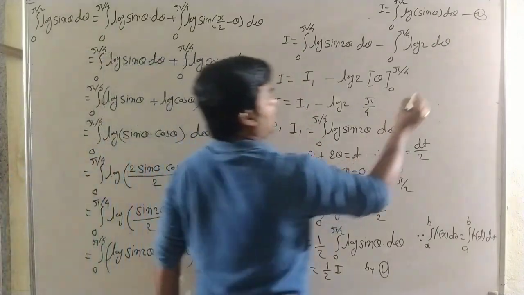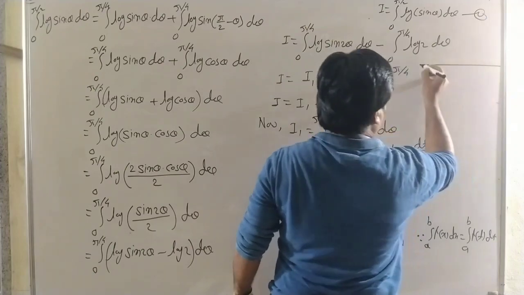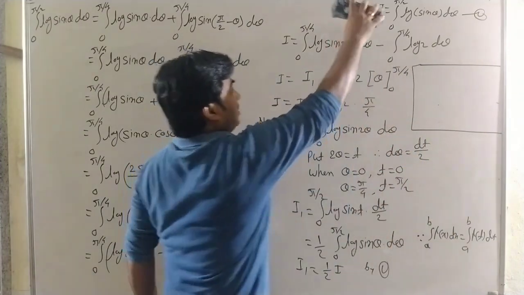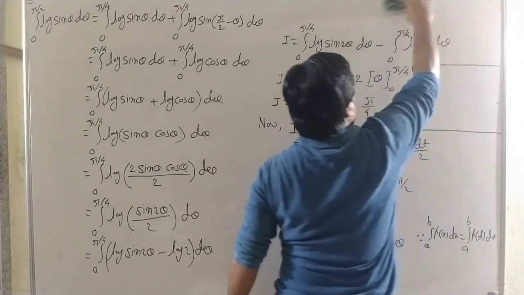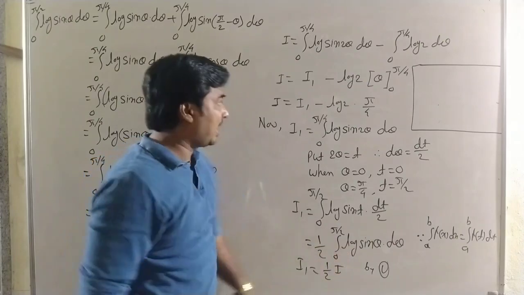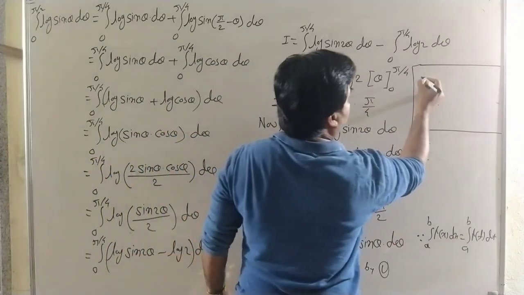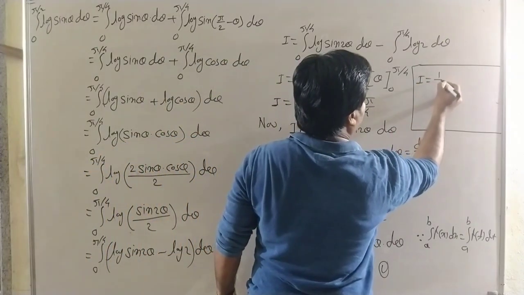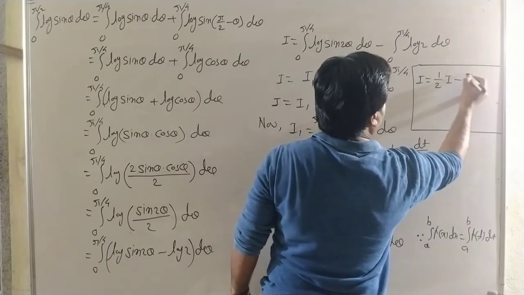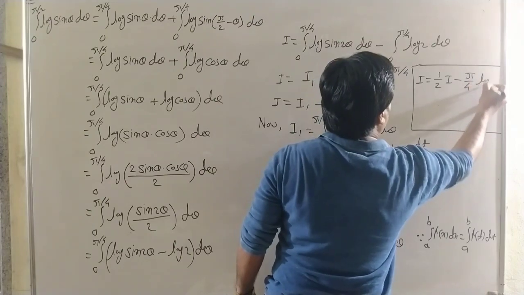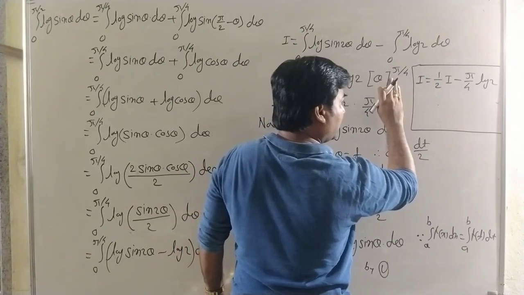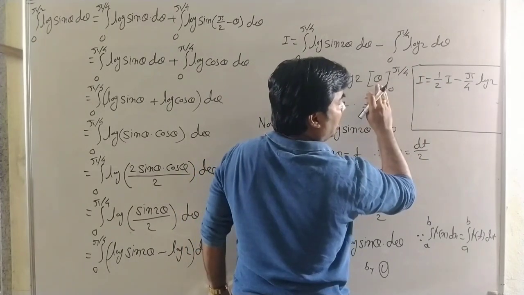So we can write the last answer in the box. Here it is equation number 1, and by 1 we can write I is equal to 1 by 2 I minus pi by 4 log 2. This 1 by 2 I we can bring to the LHS.